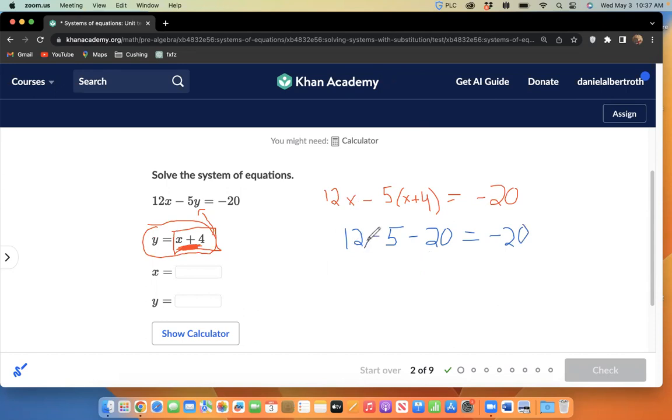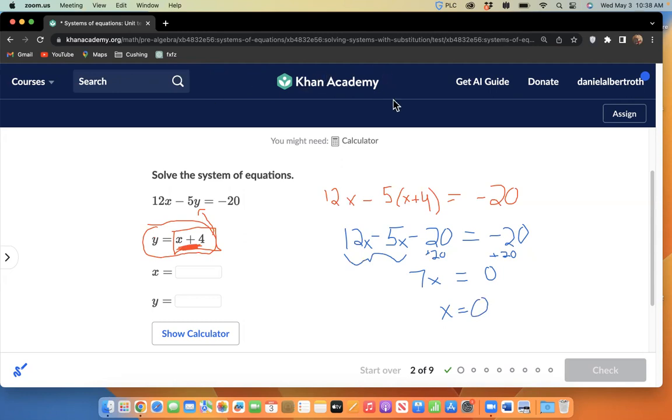So I'm going to get 12x minus 5x is 7x. If I add 20 to both sides, I'm getting 0. So I'm thinking that x is 0. I can divide both sides by 7, but I'm going to get x is 0. So for the moment, I'm going to believe that x is 0.